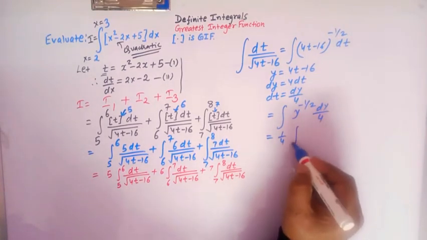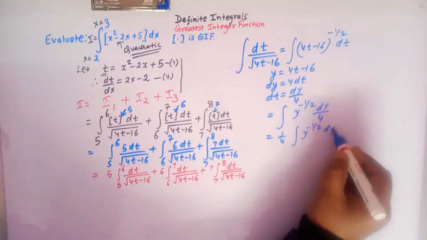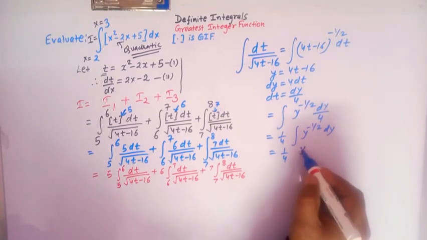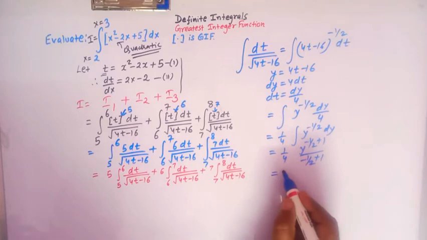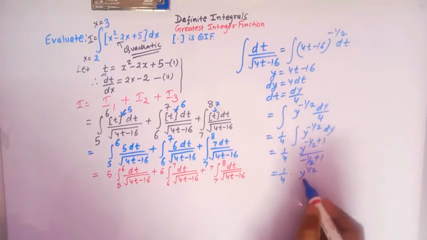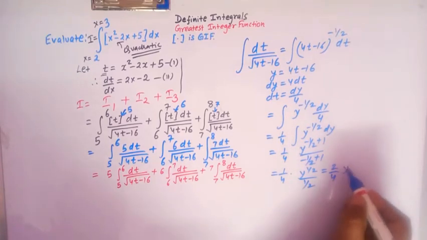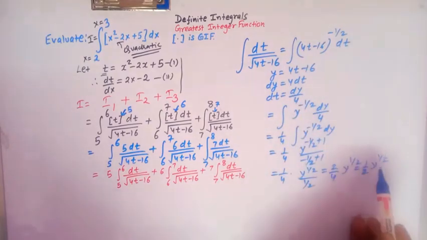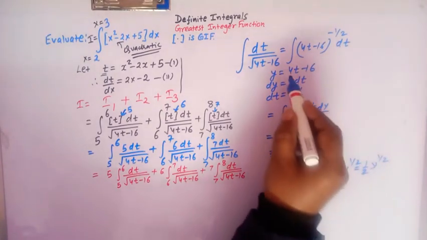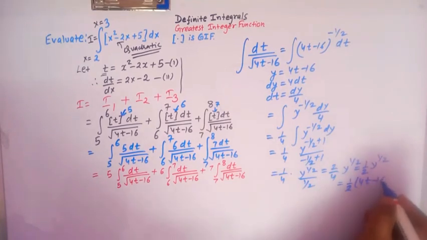And we have 1 over 4, and integral of y raised to minus half dy, and this is 1 over 4, we have y raised to minus half plus 1 over minus half plus 1, and this is 1 over 4 y raised to half over half, so this is 2 over 4 y raised to half, and this is half times y raised to half, and again resubstituting y is equal to 4t minus 16, so we have half times 4t minus 16 raised to 1 over 2, right?